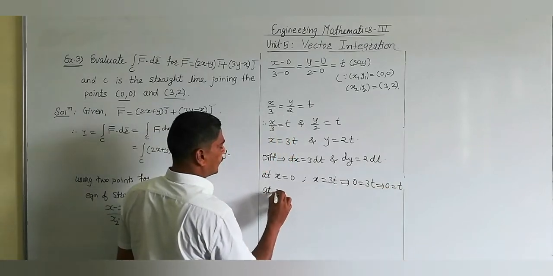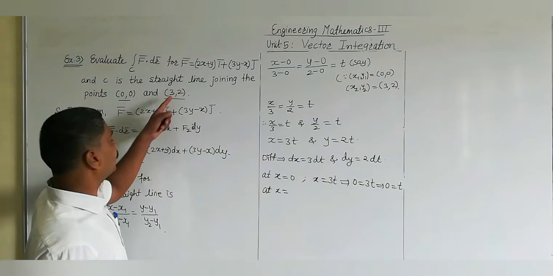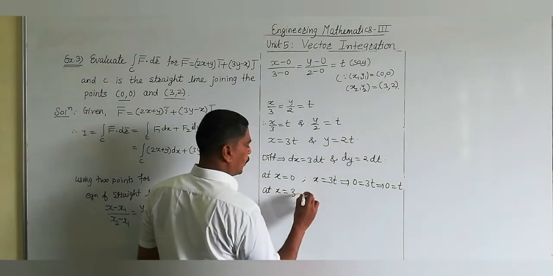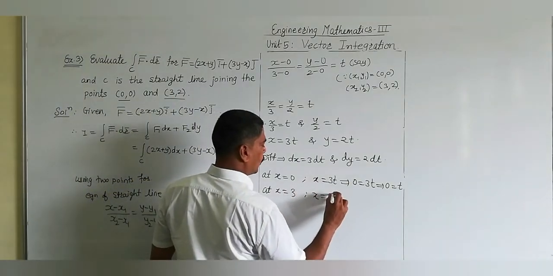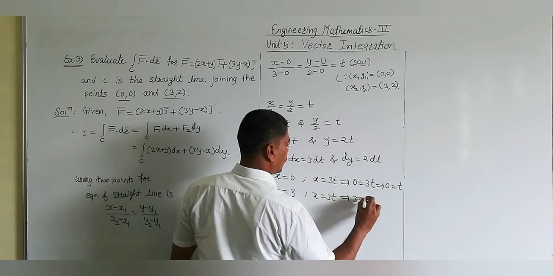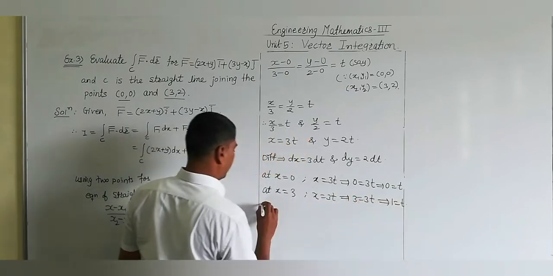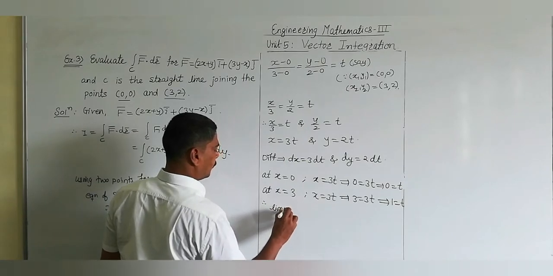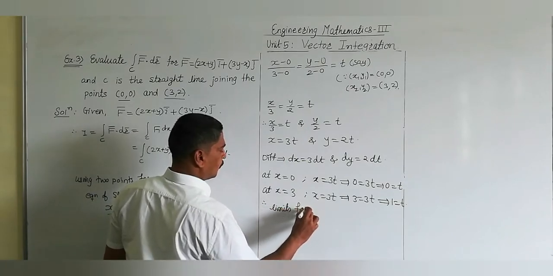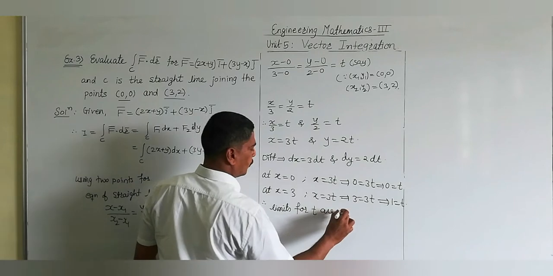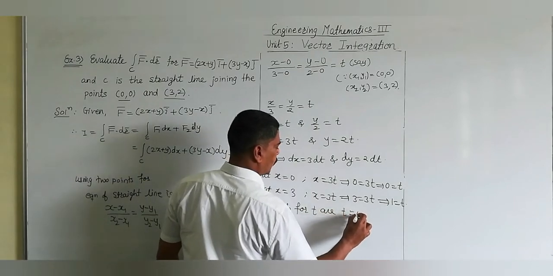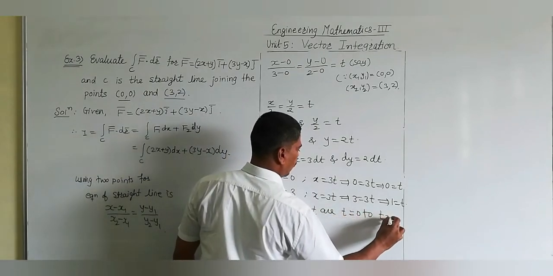And at x is equal to upper limit for x which is 3, x is equal to 3t implies 3 is equal to 3t, so this implies 1 is equal to t, and therefore limits for t are t is equal to 0 to t is equal to 1.